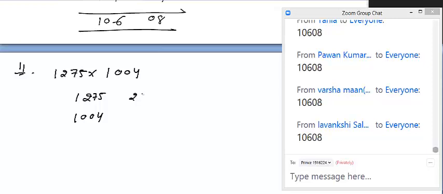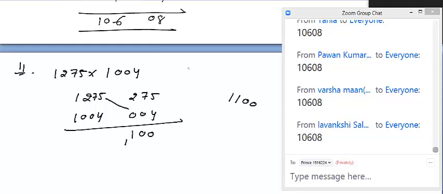Its deviation is 275. Its deviation is 004. So when I multiply, I will get 1100. So 100 I will write, because its base is 1000. I will write 1 as a carry forward.